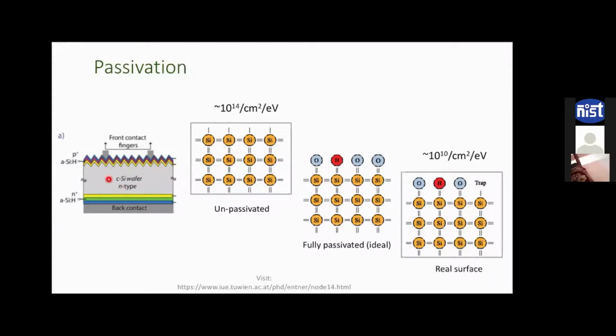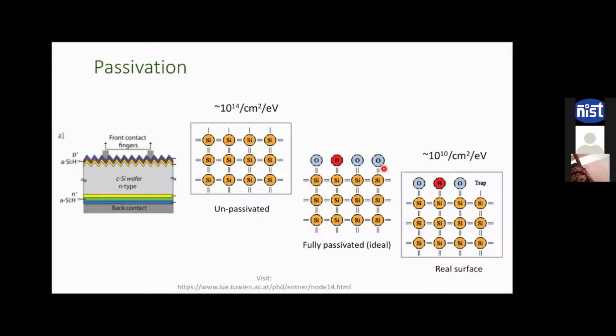If you deposit some kind of material, for example, here the amorphous silicon deposited on the crystalline silicon, this layer needs to be deposited in such a way that at the surface, each of the lone pair electrons in the surface silicon atoms makes bonds with the atoms of the deposited layer.